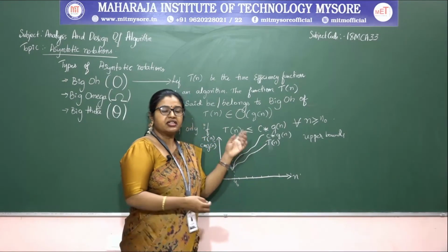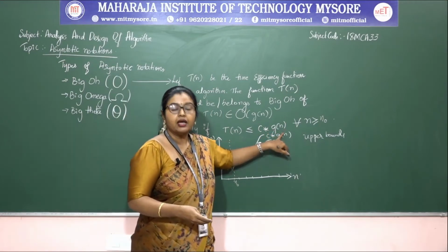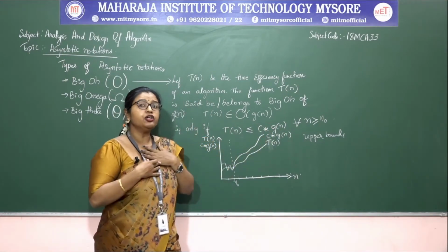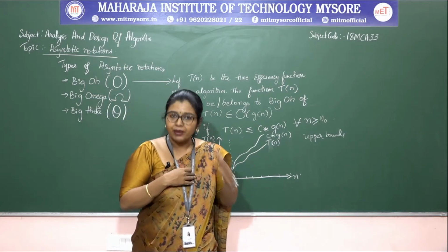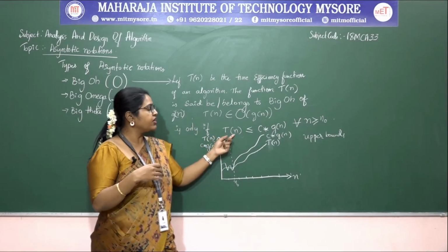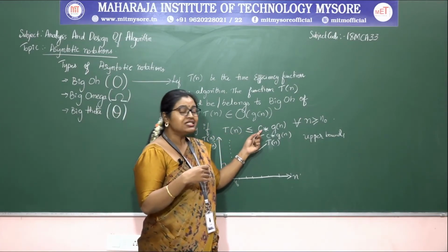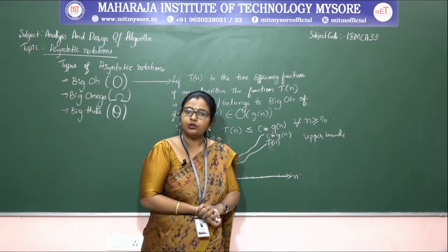In order to represent that, we need to convert that equation into c into g of n format. But if I want to represent my algorithm efficiency in terms of big O, then it should hold good the property that T of n should be lesser than or equal to c into g of n. This is the criteria we need to look at.